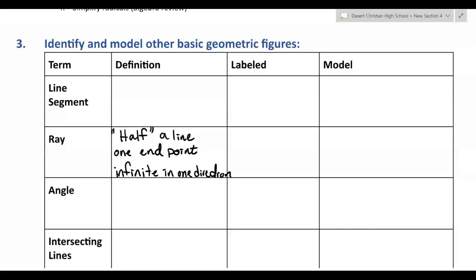So if we were to draw a model of a ray, one might look like this. I could have an endpoint A, which I'll label EP, and a second point that helps me know which direction this ray is traveling in. Maybe that'll be point C.